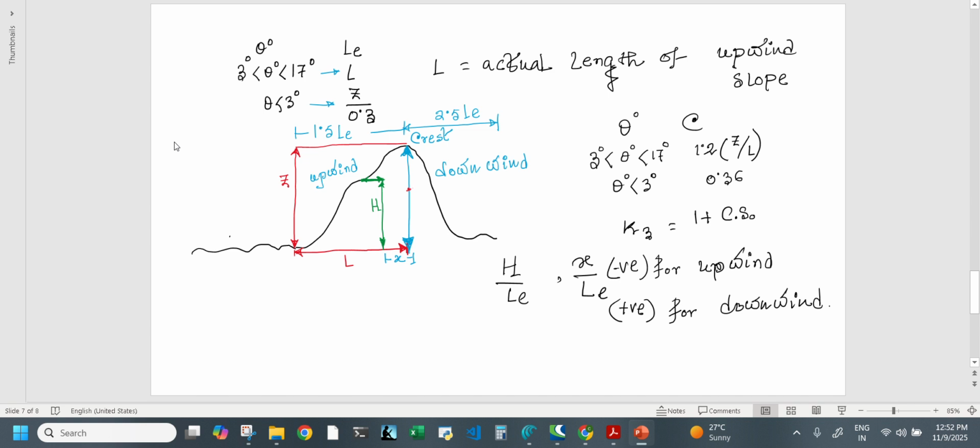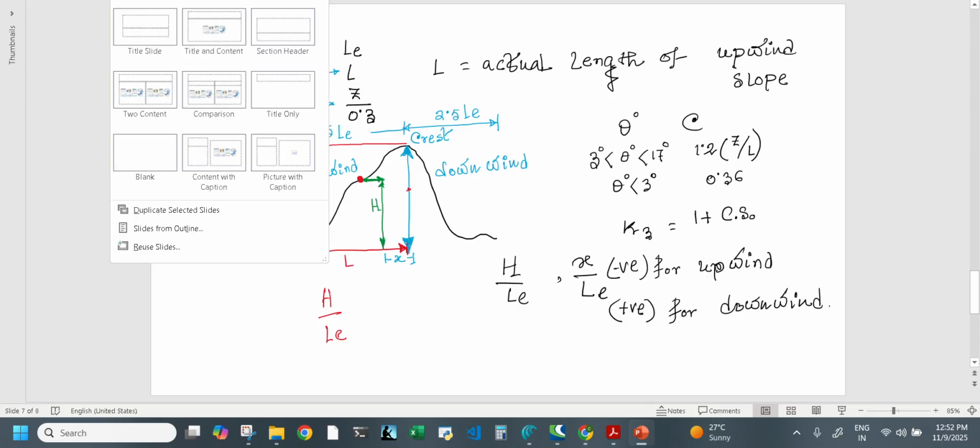So h is the height at which we will calculate the wind velocity. LE is the effective length. It is a function of theta degree and Z, h by LE.